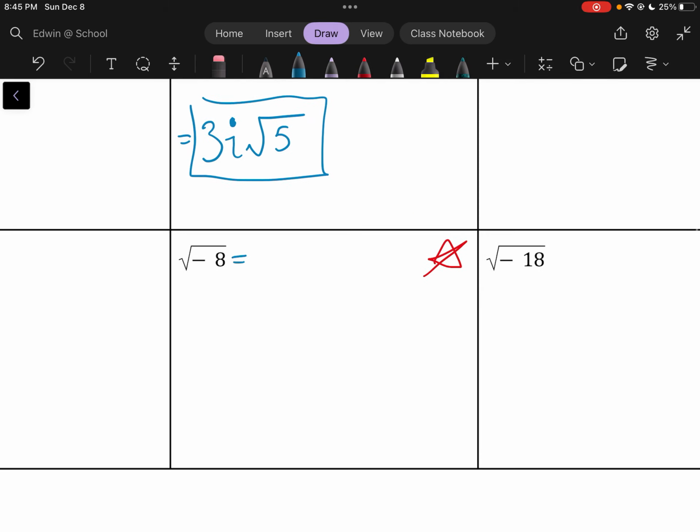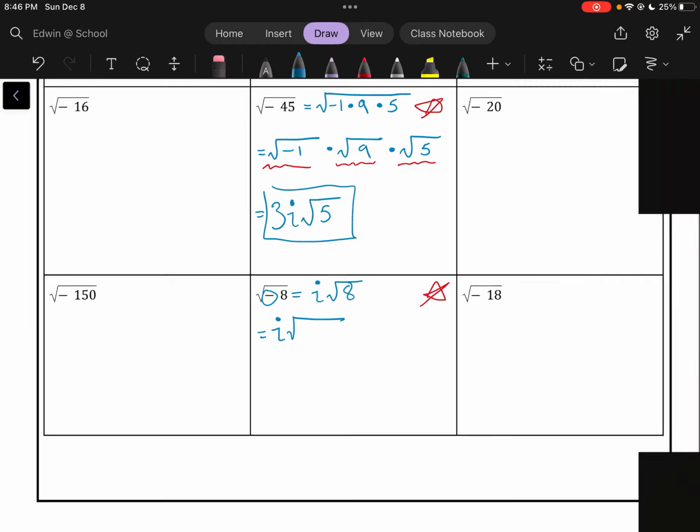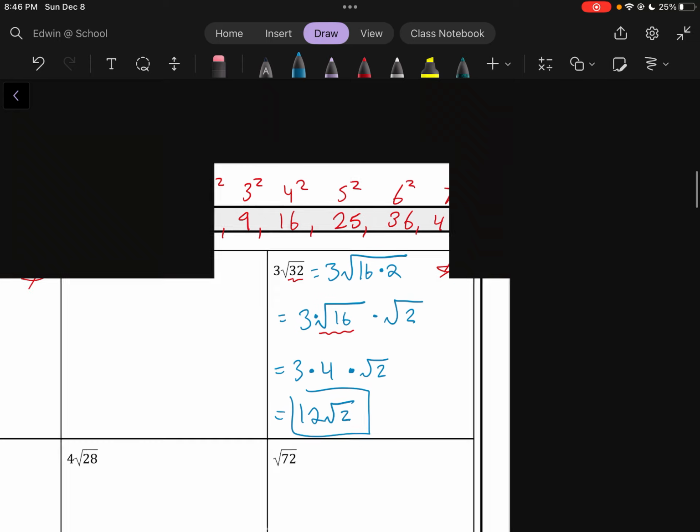So for example, let's look at this next one. We got square root negative 8. So we see that negative in there. That means we could just take out an i like this. That just leaves us with a positive 8 inside and the i on the outside. So now that we're dealing with this, we could deal with it the same way we've been doing it. What is the biggest perfect square that divides into 8?